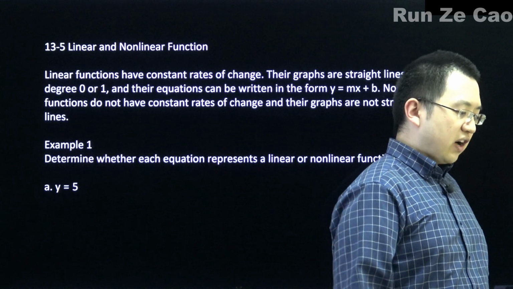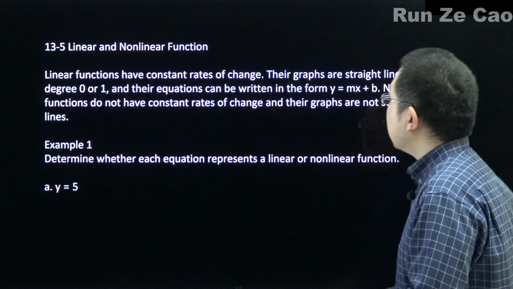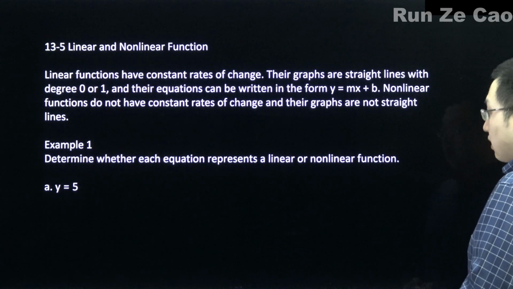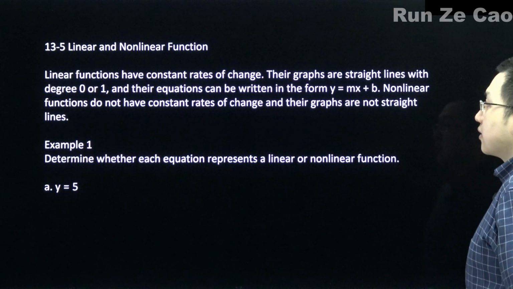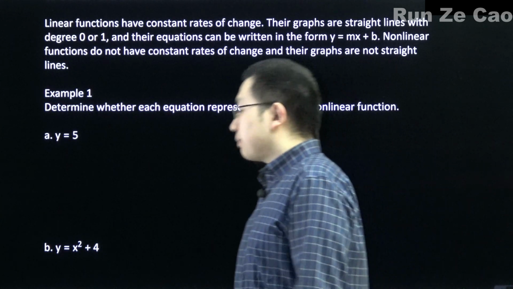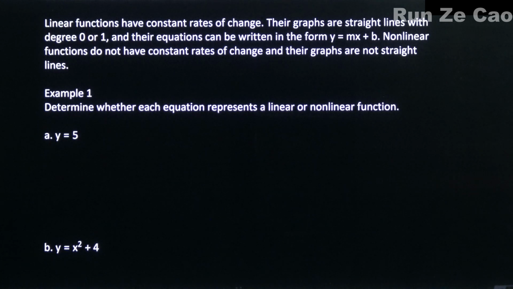If you have a function that is linear, it has a constant rate of change. The degree will be 0 or 1. The graphs will be straight lines. The equations can be written in the form of y equals mx plus b, where m is the slope and b is the y-intercept.